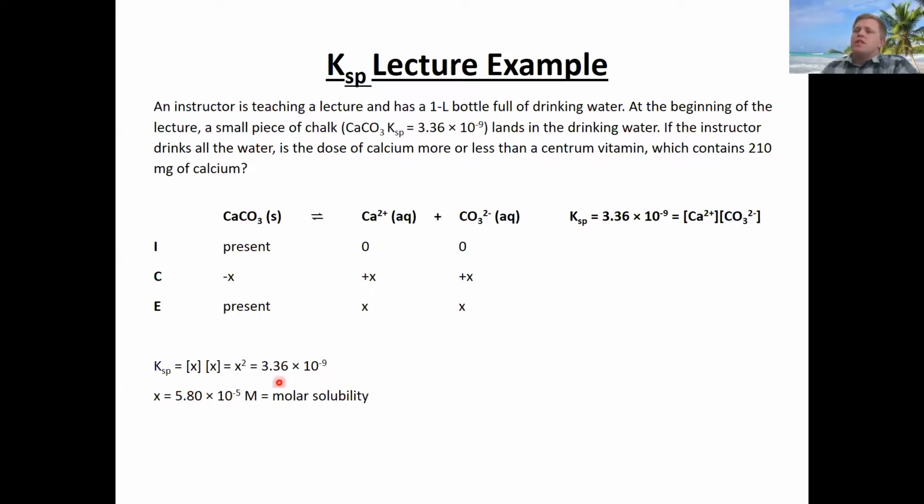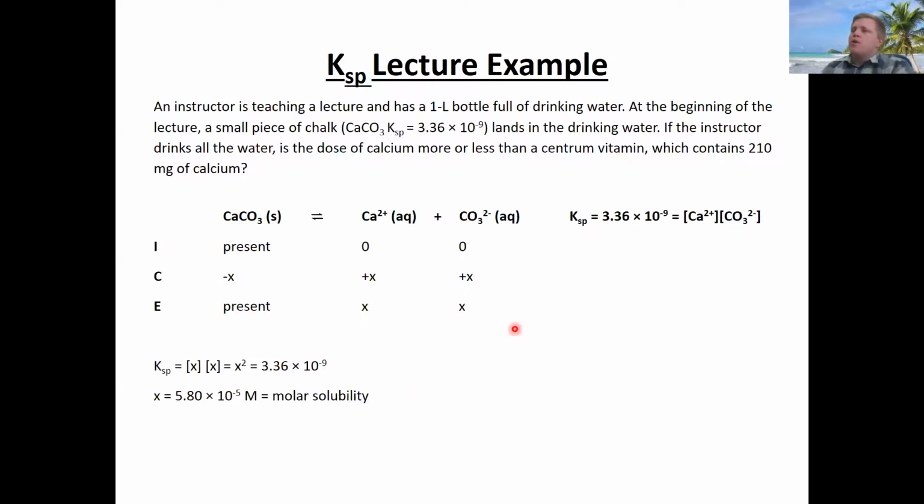So you'll notice that the molar solubility of calcium carbonate is 5.8 times 10 to the -5th, but the KSP is a value times 10 to the -9th. So the solubility constant and the molar solubility are different values, and you need to understand the difference between those values and how to calculate one from the other.